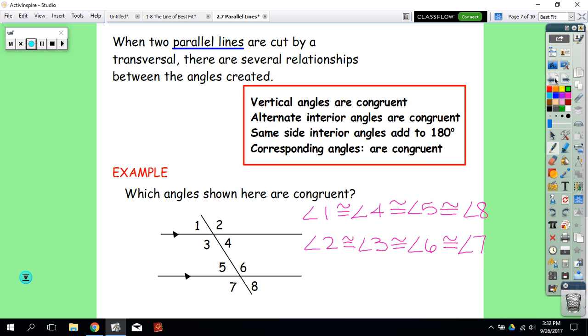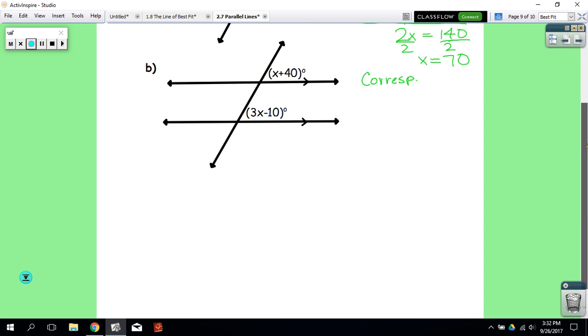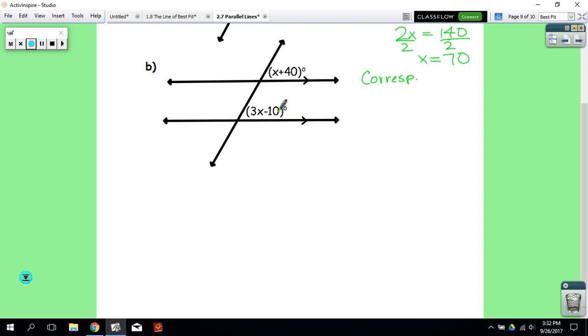If we pop back a couple of pages, we know that corresponding angles are congruent. So what we have to do is set these two angles equal to one another. So we have 3x minus 10 equal to x plus 40. We subtract out the x from both sides because we want to start with the smallest variable.